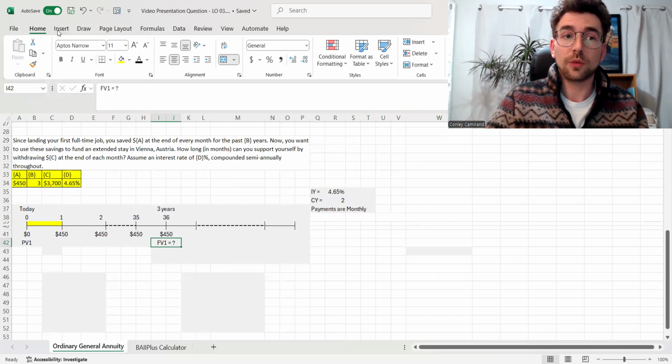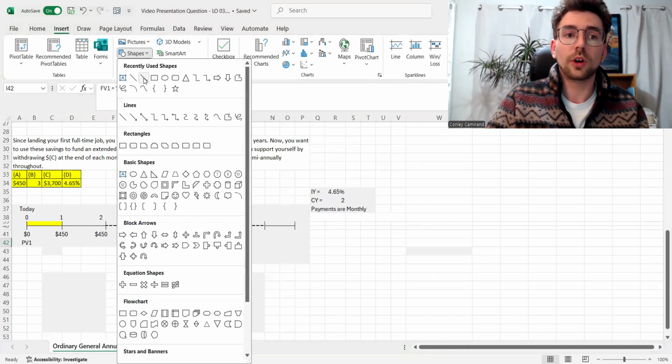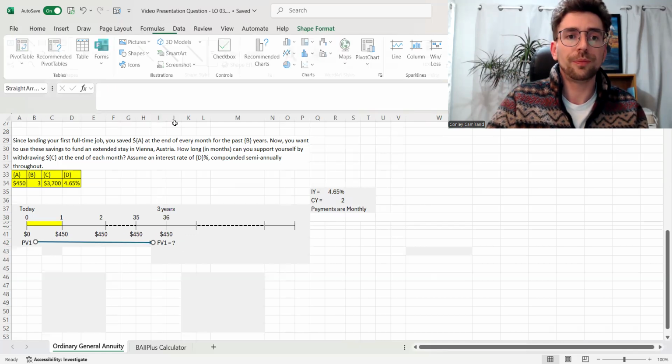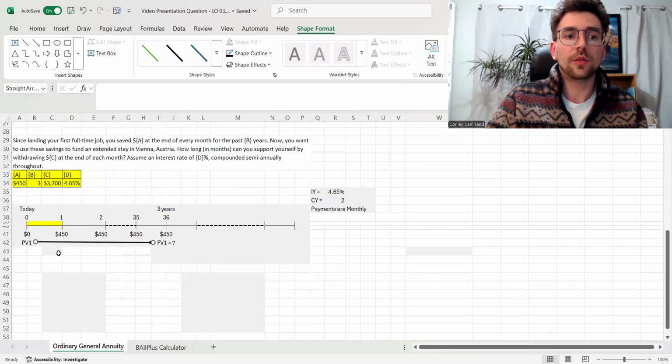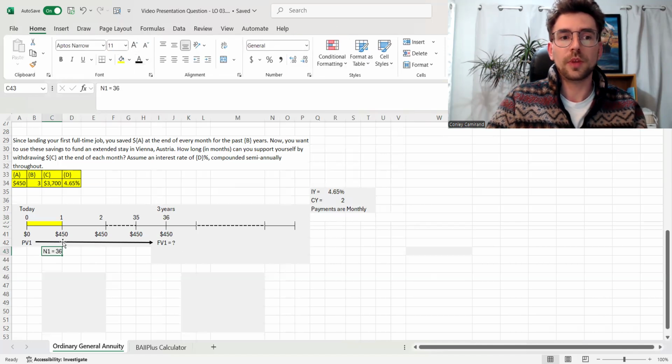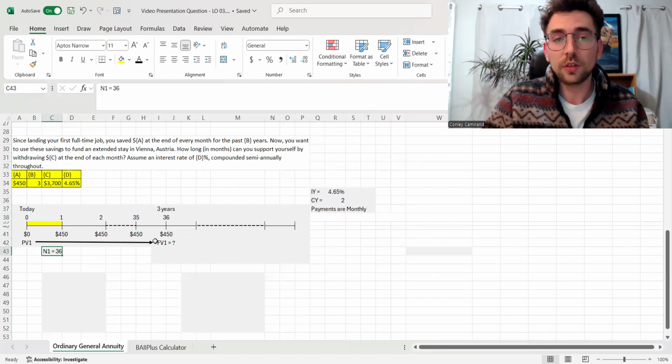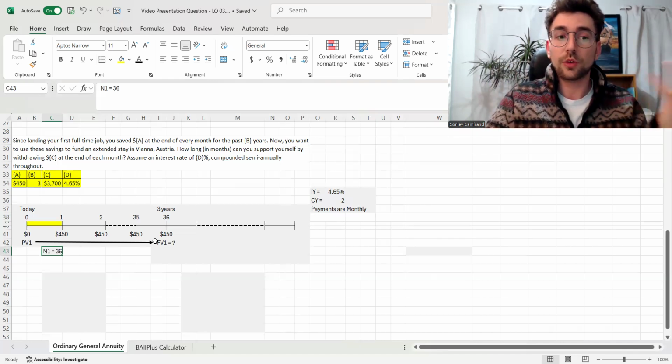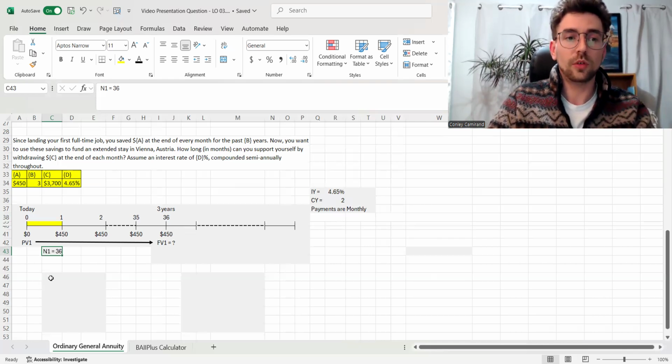With that first half of the timeline, we include our arrow, and with every arrow we always include an n. The n, the payment periods, in the first half of the timeline is 36. So we have 36 payments.